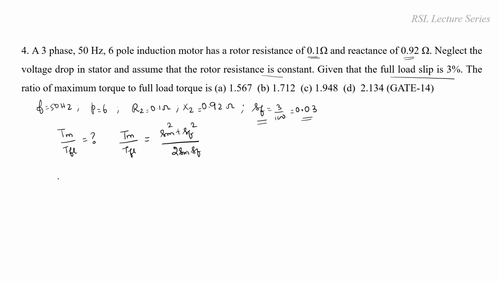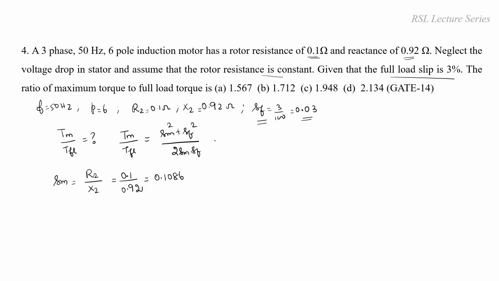We have to find out the slip corresponding to maximum torque. The formula for slip corresponding to maximum torque is R2 by X2, which will be equal to 0.1 divided by 0.92. On simplification we will get 0.1086.